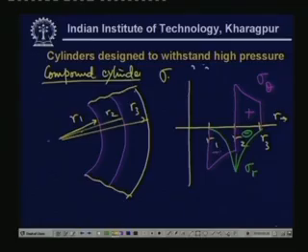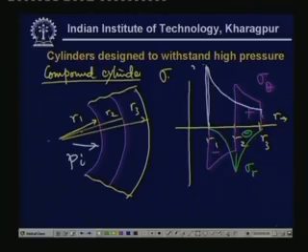Now, we apply Pi, that is internal pressure. Now, we apply some pressure inside. So, in that case, the compound cylinder could be taken as one cylinder, and the distribution of the stress only due to this Pi is this stress distribution, sigma theta only due to Pi.